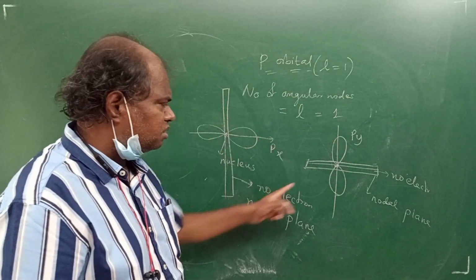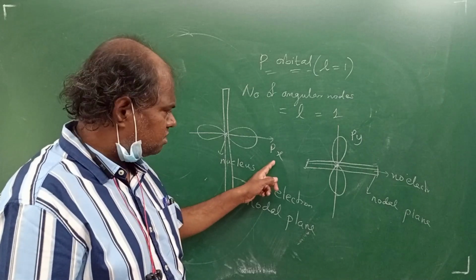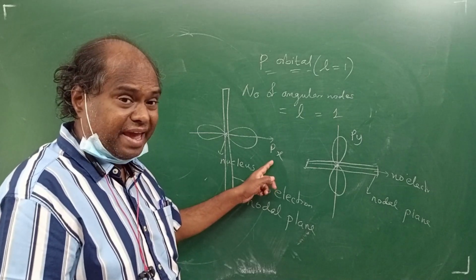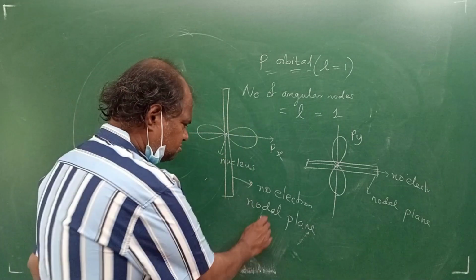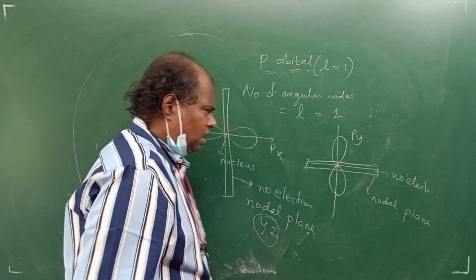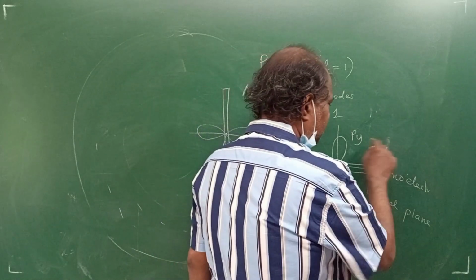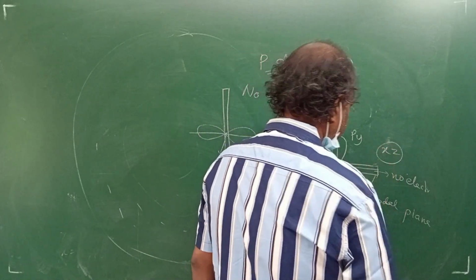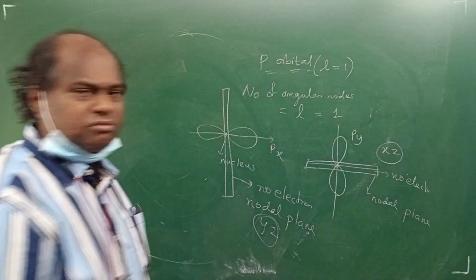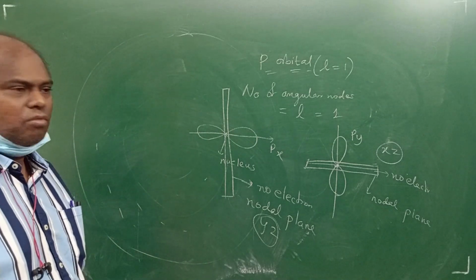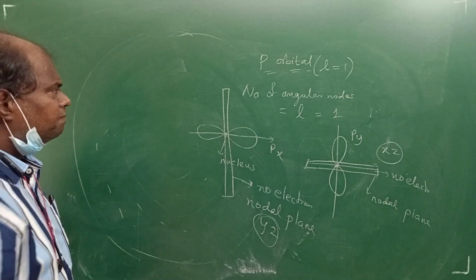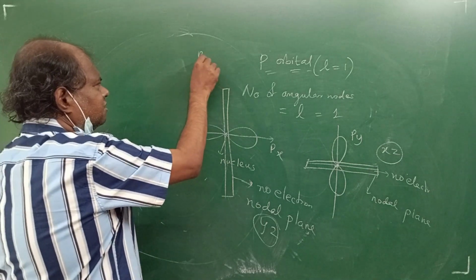For px orbital, the angular node is the yz plane. What is the plane here? YZ plane. And for py, you can say xz plane. Correct? For py it is xz. Fine, student. And for pz, what plane will you say?